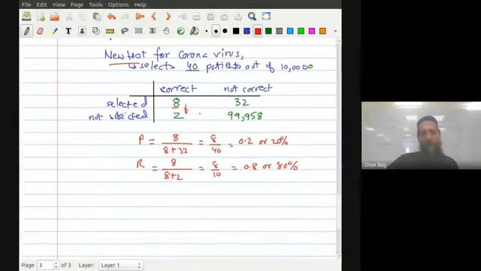Now the thing is that we would like to have a metric that combines both of these. So that brings us to a combined measure, which is called the F measure.